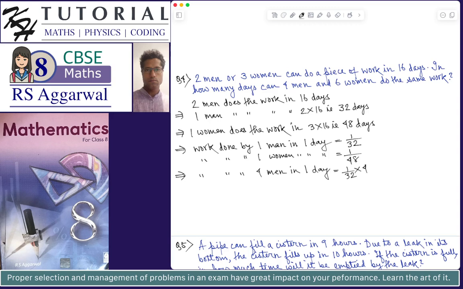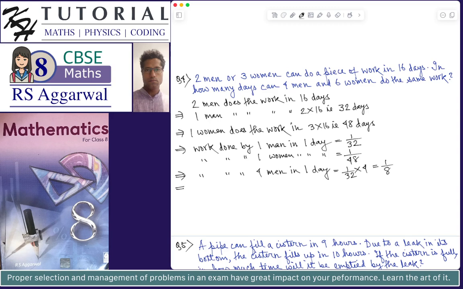This is also an important concept. If the amount of work done in one day by one man is x, then the amount of work done in one day by p men will be x into p. This is based on the unitary method. So this is equal to 1 by 8.